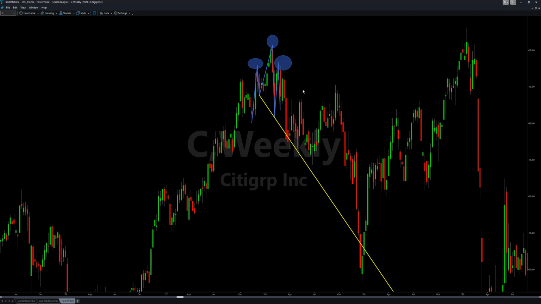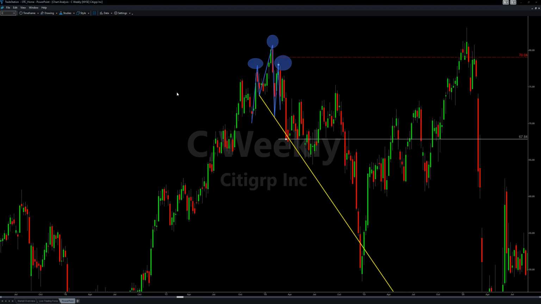And at this time, right, we will break the neckline. We can go short here, with a stop loss, and that is option number 1, above the previous pivot. Give me 1 second.